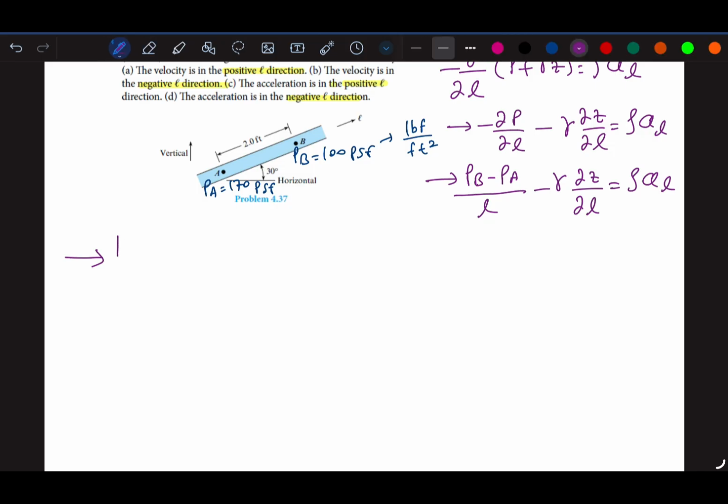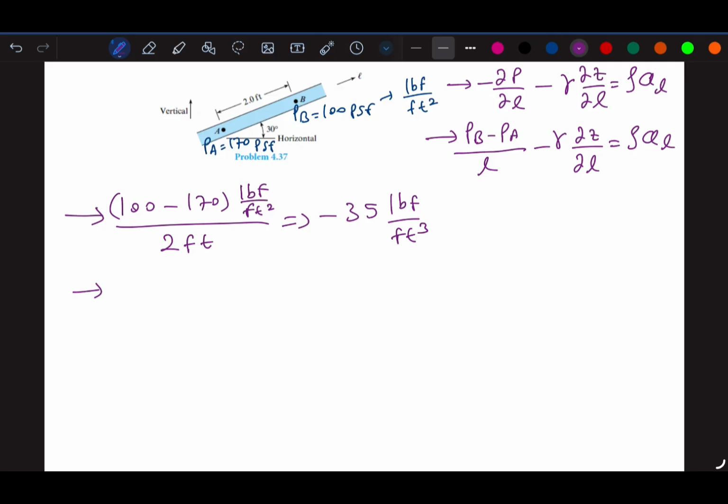So this means we have 100 minus 170 PSF over L. So this distance between these 2 points is 2 feet. So let me write 2 feet. Instead of PSF, I can directly write pound force over square feet. And this gives minus 35 lbf over cubic feet.